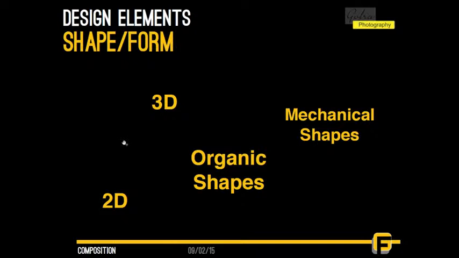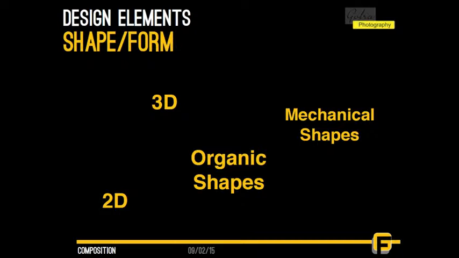Now shape and form can be a geometrical shape, which is mechanical shapes, or organic shapes, which are real life shapes. Mechanical or geometrical shapes are like square, triangle, or ellipse.